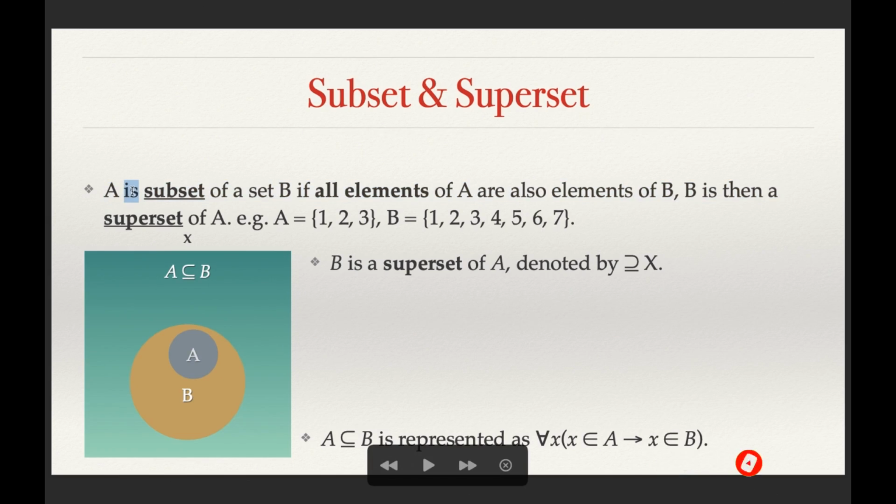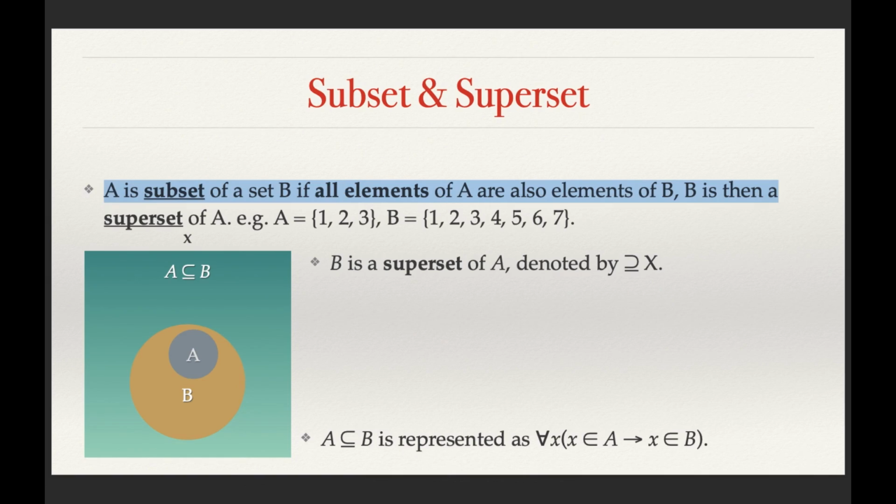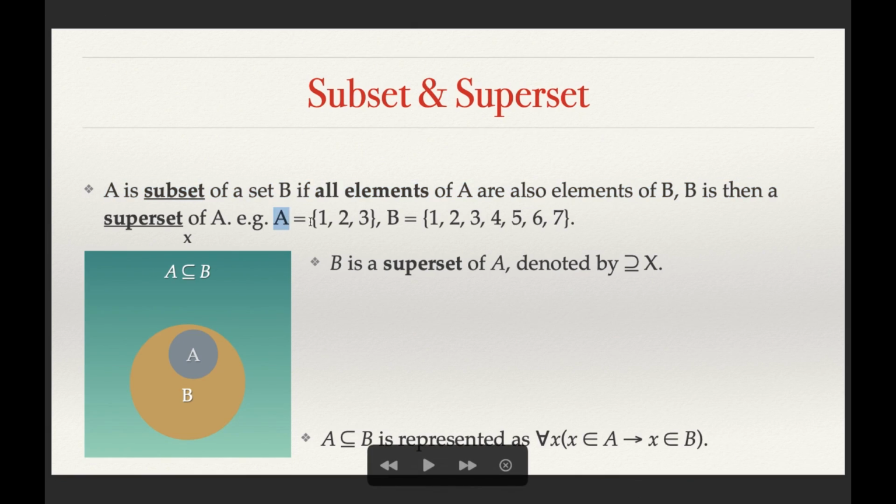So A is a subset of B if all the elements of A are also elements of B. B is then, in the reverse order, called a superset of A. So as you are able to see here, A has elements 1, 2, 3 and B has elements 1, 2, 3, 4, 5, 6 and 7. So B is a superset of A and denoted by this.